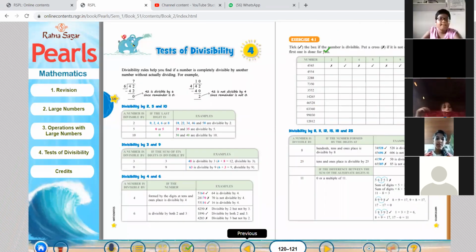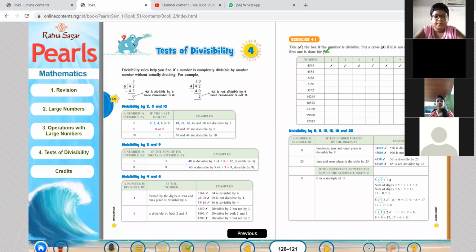2. A number is said to be divisible by 2 if the last digit is 0, 2, 4, 6 or 8, and then we have said the divisibility by 5. A number is divisible by 5 if the last digit is 0 or 5.